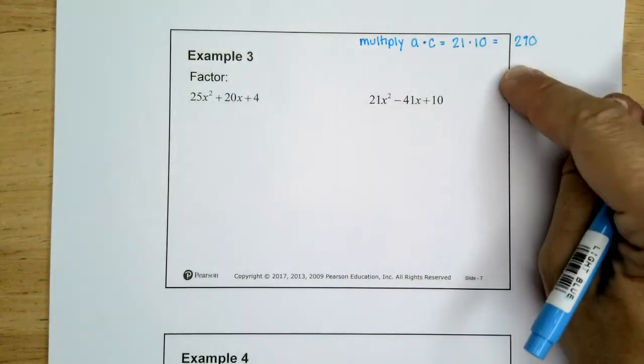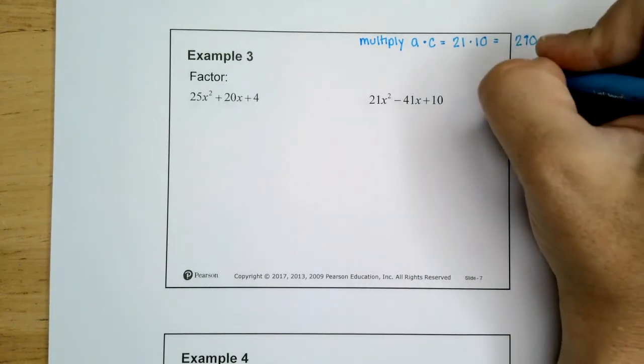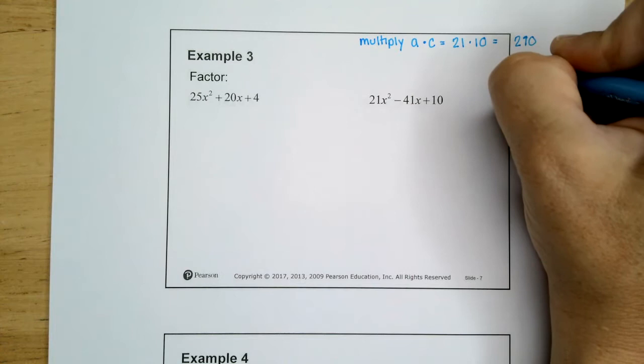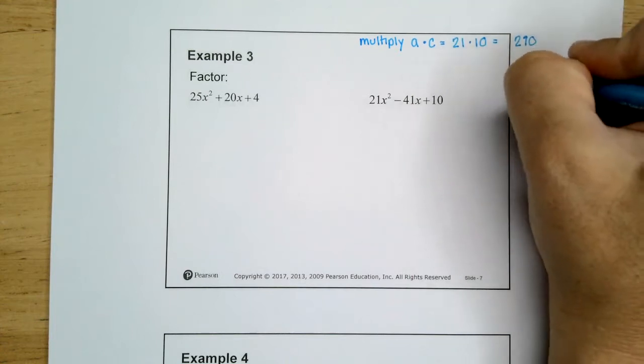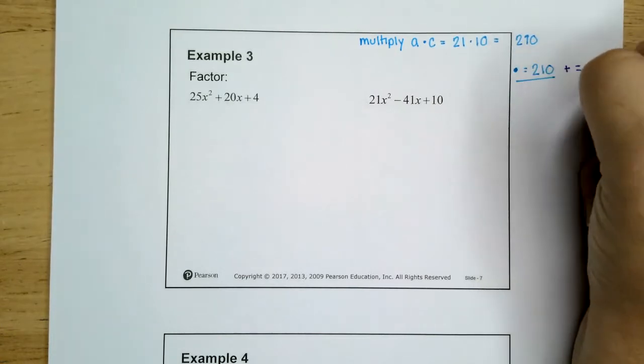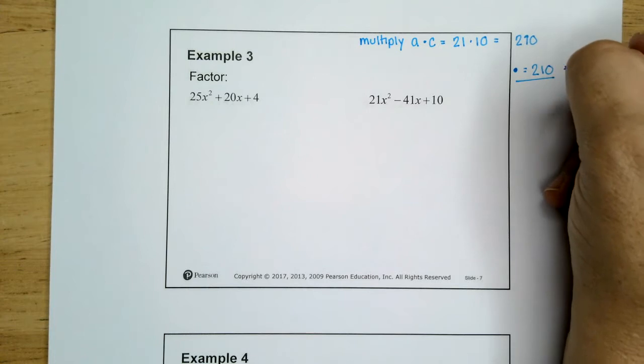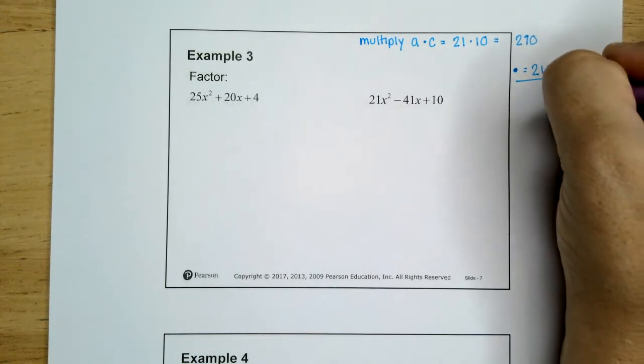So now we want something whose factor is 210 and whose sum is negative 41. All right, so it will multiply to equal 210 positive. It will add to equal negative 41. Okay.